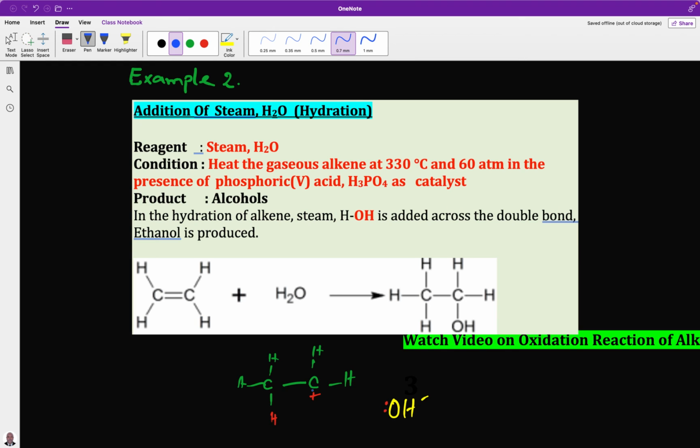As it is attacking this positively charged carbon, what happens? A lone pair of electrons here is donated to this carbon. A new bond is now formed between carbon and oxygen. This is how it is going.